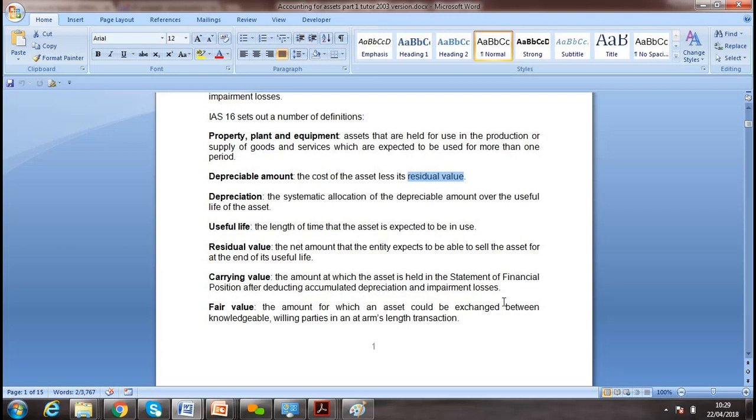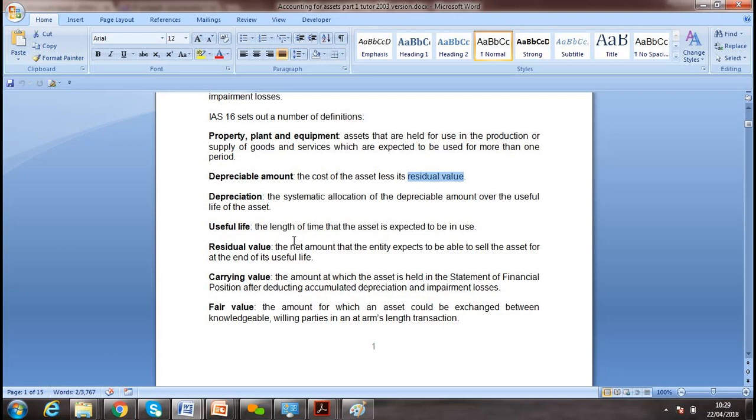We also call it scrap value. At the end of the asset's life, we sell it. Like we have an old car that's not working, we can still scrap it, so it has a scrap value. That scrap value is subtracted from the cost we bought it for, and then we can depreciate every year.